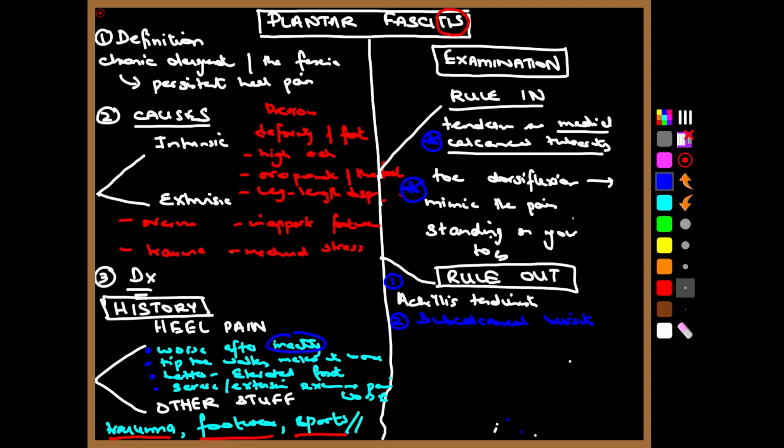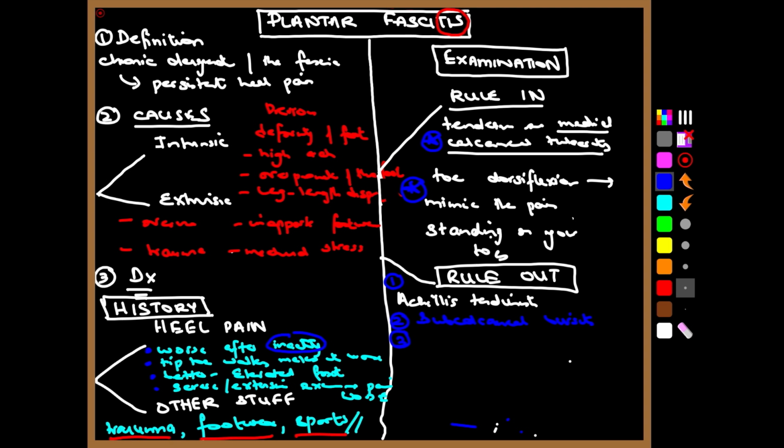But we have to remember that the fascia itself originates from the medial calcanean tuberosity and attaches to the base of the toes. And if we dorsiflex the toes, the pain shouldn't come about in subcalcanean bursitis because the bursa is very local to the calcaneum bone itself. So that's number 2.